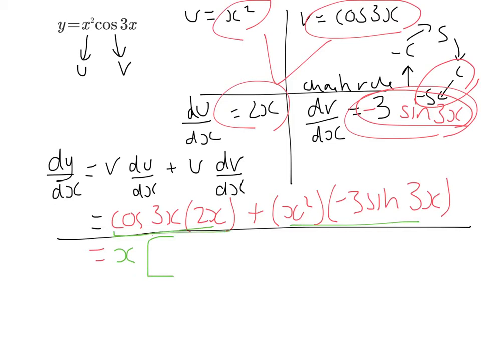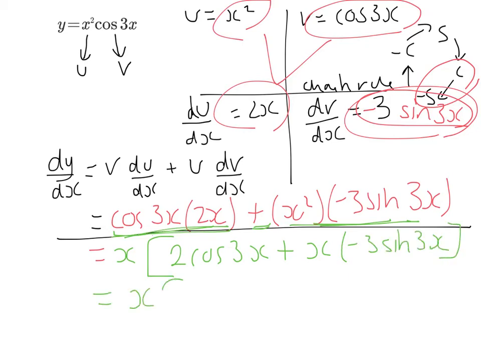Big bracket, in the first part I would have 2 cos 3x plus, because it's a plus, and in the second part I would have x minus 3 sine 3x, which I suppose I should neaten up as 2 cos 3x, and then the minus 3 times the x will give me minus 3x sine 3x. Doesn't really look much neater, does it?